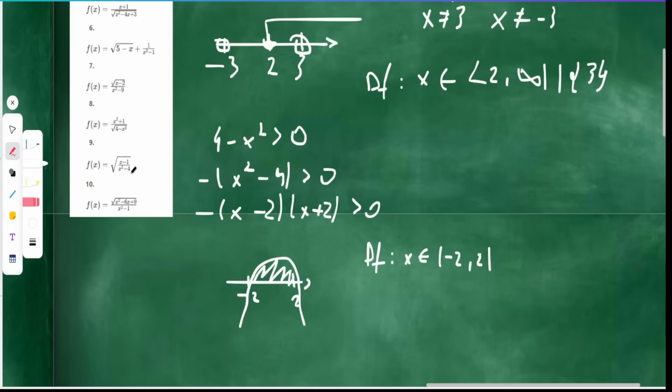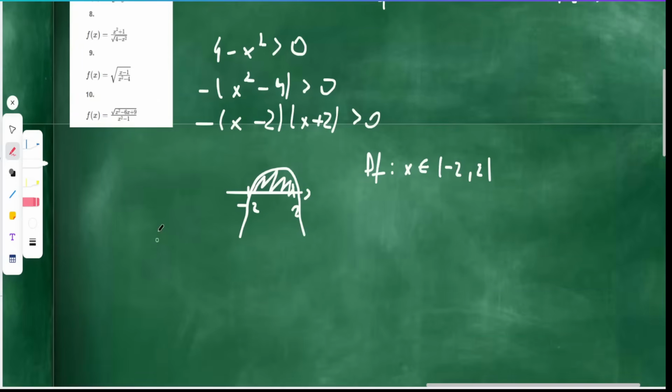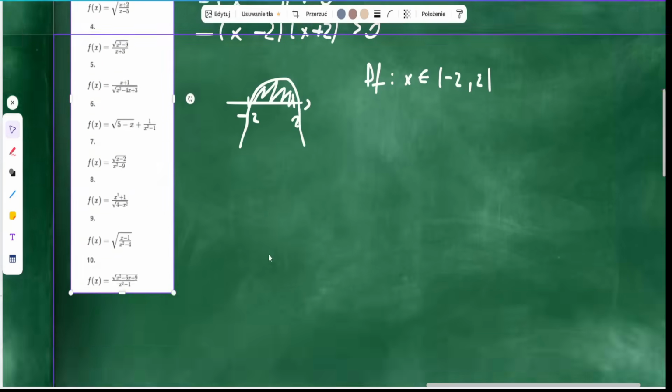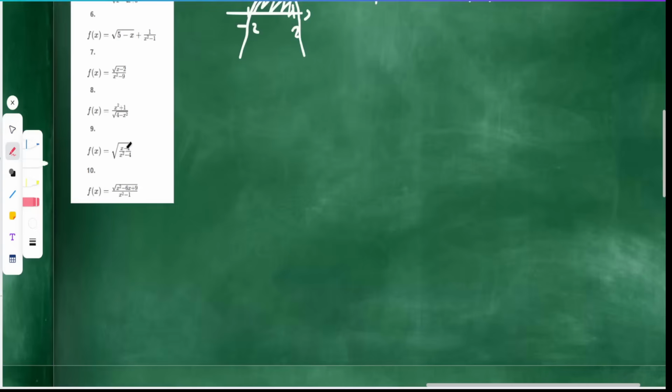Let's move on. We have such a problem. Let's shift a bit. We can write it this way: x minus 1 by the square root of x squared minus 4.